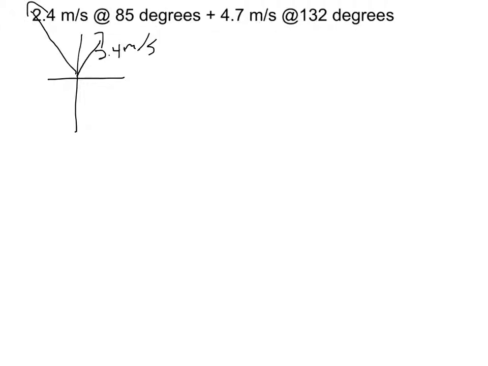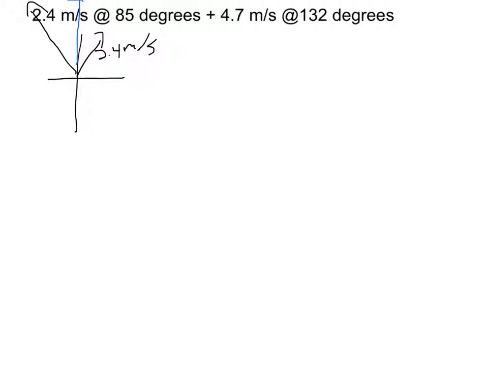And so I'm expecting my resultant to go somewhere like this, and it has to be bigger than 4.7, and should be somewhere in quadrant 1 or quadrant 2, I'm not exactly sure. If I had to guess, I'm going to venture quadrant 2. I didn't actually do the parallelogram like I should have there just due to space constraints.